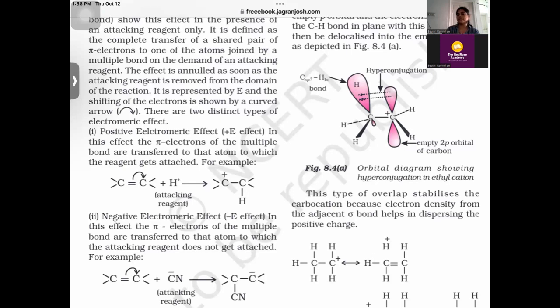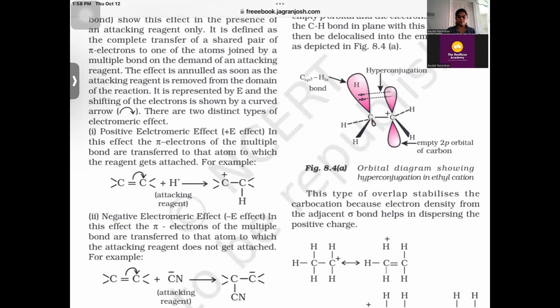We are going to see in class 12 the SN1 reaction, SN2 reaction, like that. Nucleophilic substitution reaction 1, nucleophilic substitution reaction 2, like that we are going to see. So here, when another atom tries to combine with that particular compound, then this attacking reagent will go away.